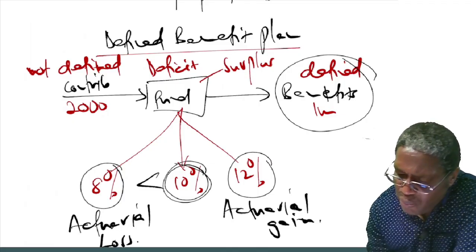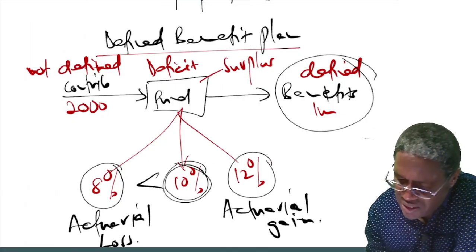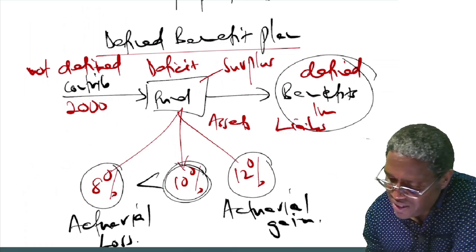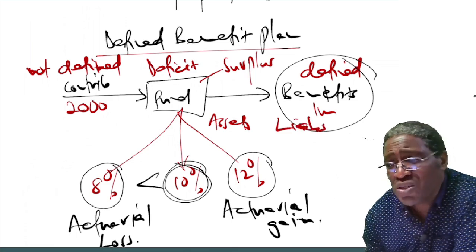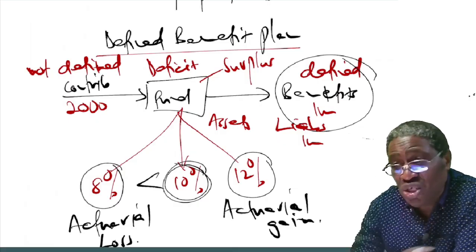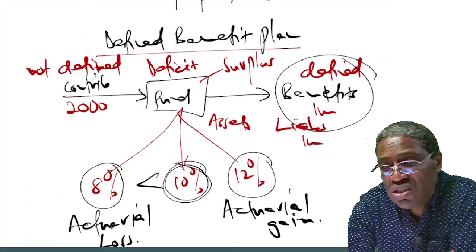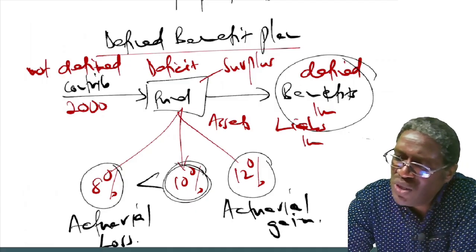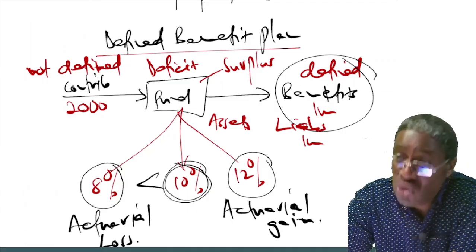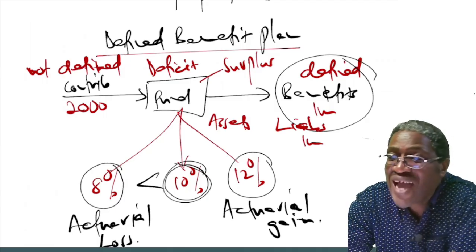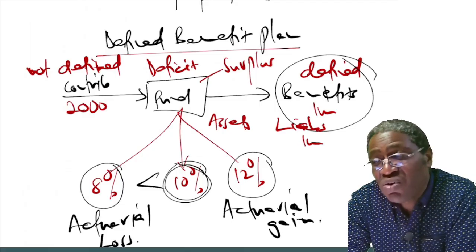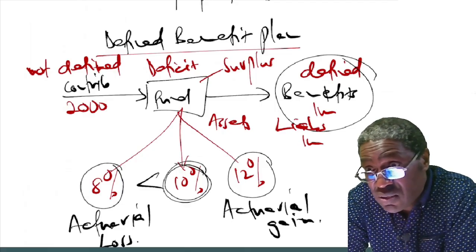Now you can compare the assets of this fund with the liabilities of the fund. Of course, the liability is 1 million. That does not change. That's the obligation. But is our fund able to meet that obligation? For us to know whether the fund is able to meet that obligation or not, we compare the assets of the fund. Don't forget, the assets of this fund are in form of investments.